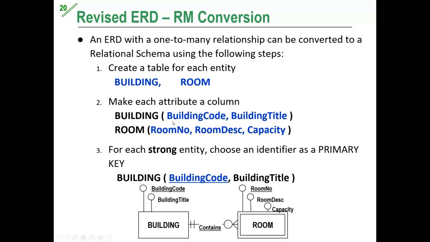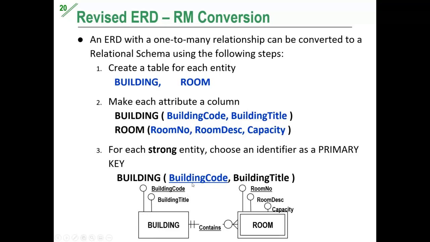And then identify the strong entities. Strong entities are very easy to identify, because the identifier itself will uniquely identify the instances in that particular table. So that means that entity is a strong entity.